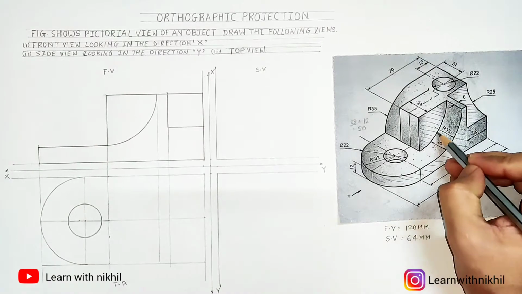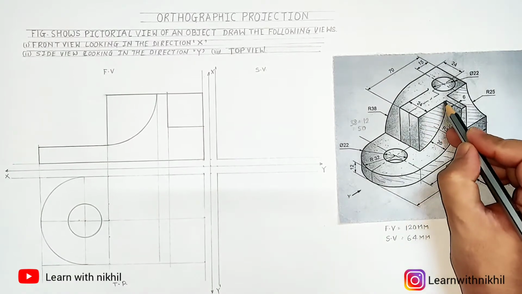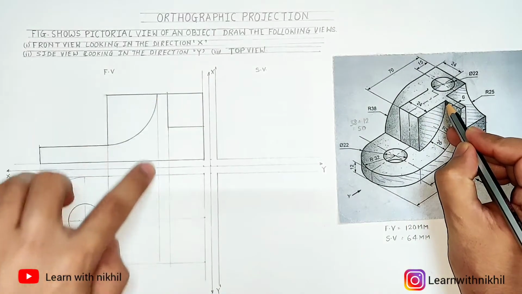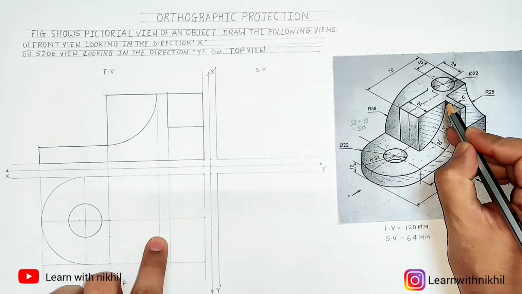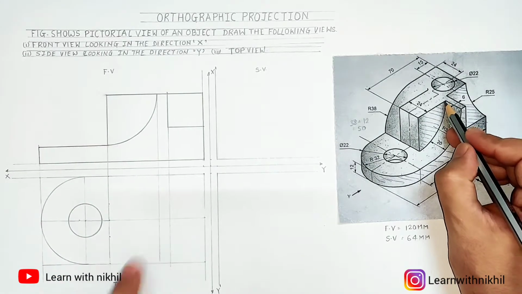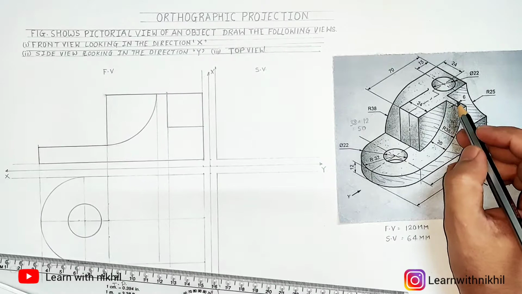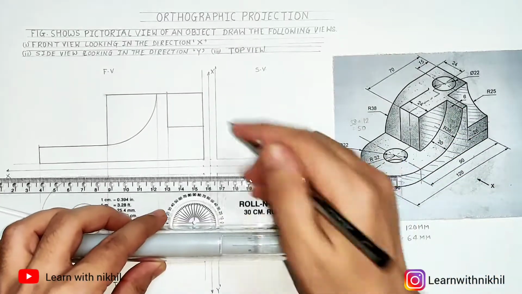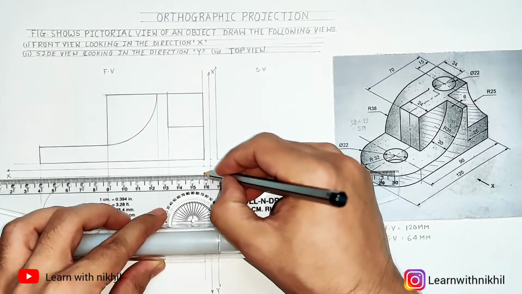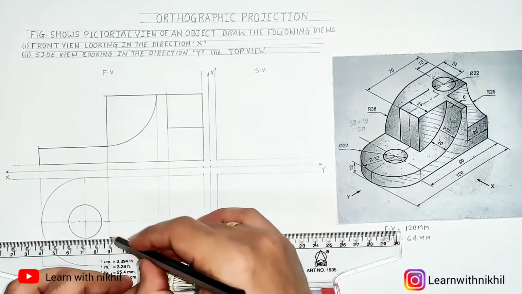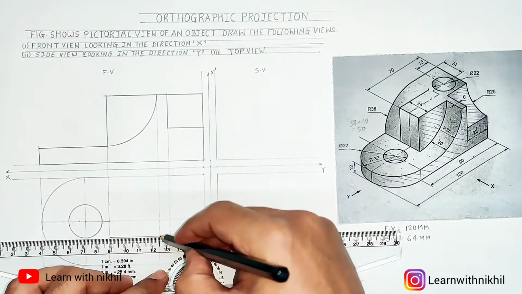Now this curve part, it is extended till this point, and that projection we have already taken down. So the 24 thickness line, till where it will extend, that projection is already from the front view. So we'll extend that line.